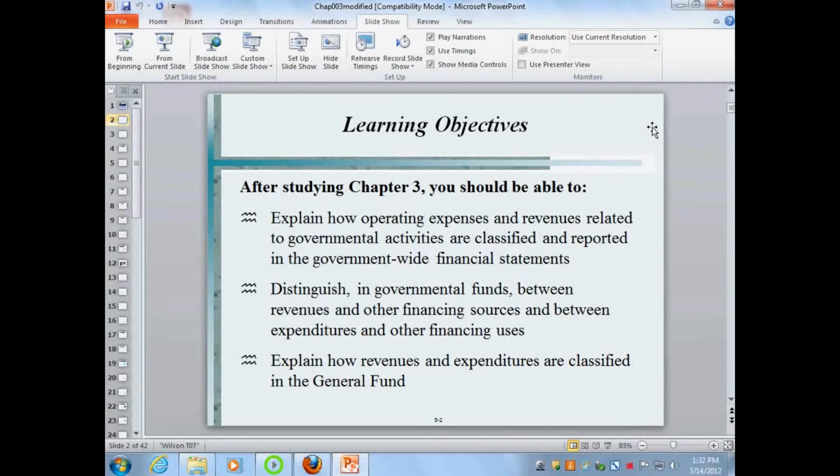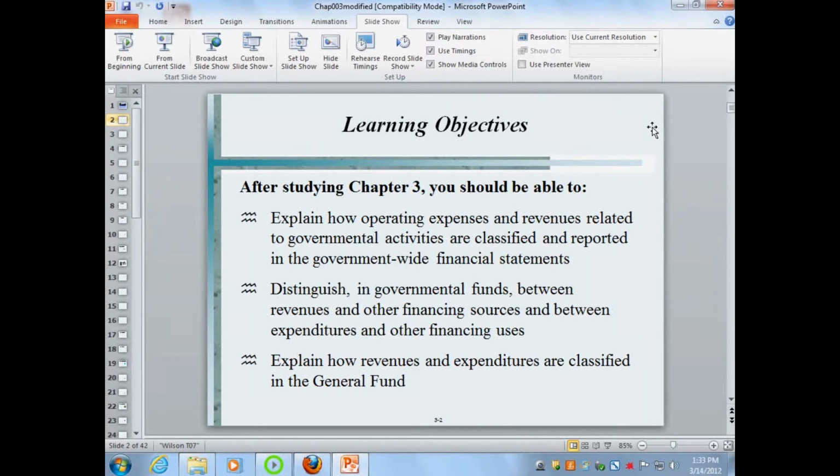All right, so what we want to do today is take a look at one of the statements, which is the statement of activity. So what is the statement of activity? Well, what basis is it prepared on?